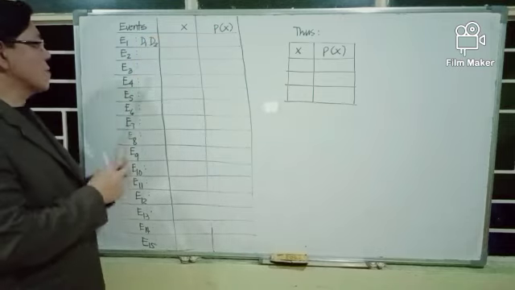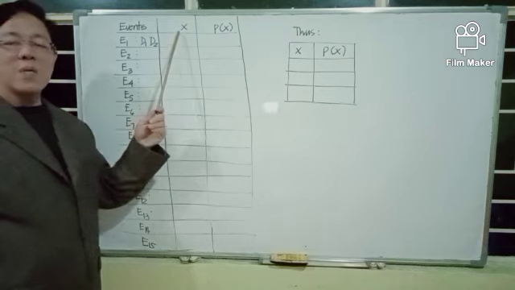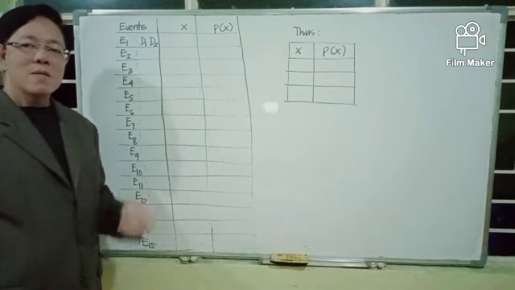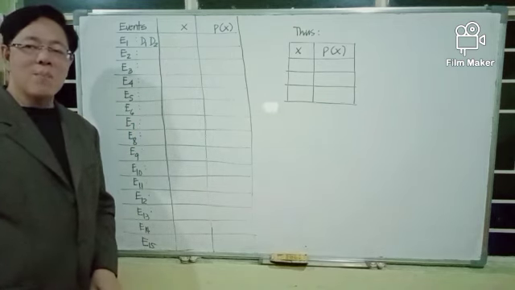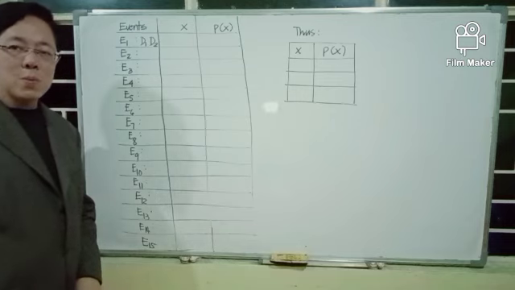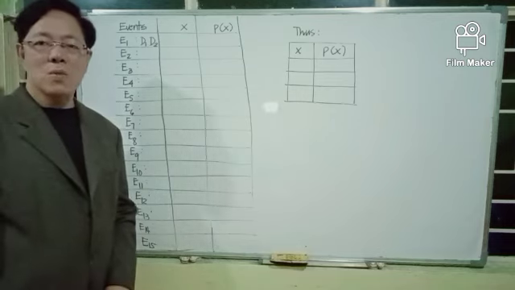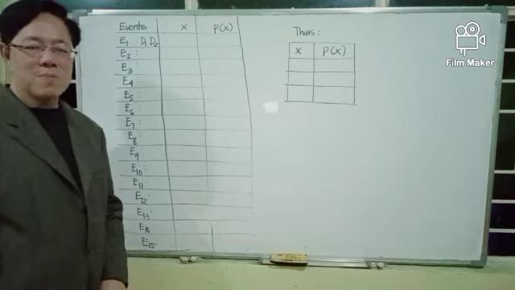For this particular event, the value of the discrete random variable x, which represents the number of defective items among two appliances purchased by the customer, is 2.